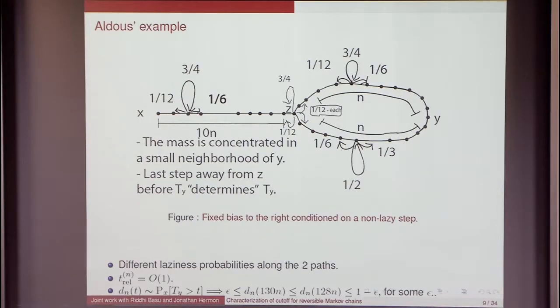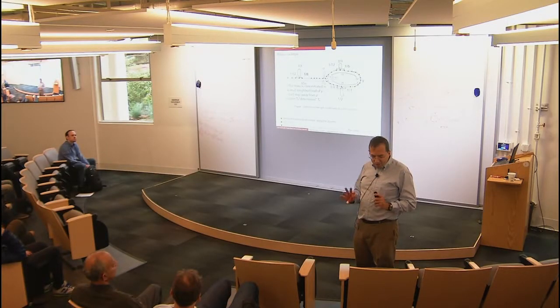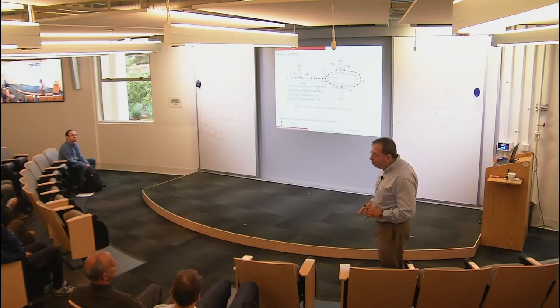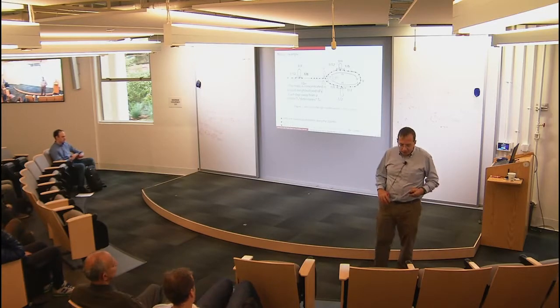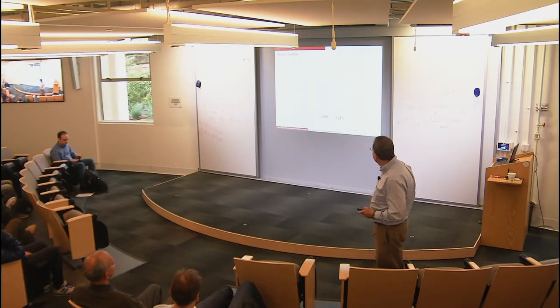So I conjecture that transitive expanders all have cutoff. This is for bounded degree transitive expanders. But we don't know a single example where the answer is positive. We don't know a single example where the answer is negative, for a transitive expander. If you drop the transitivity, then there are examples going both ways.